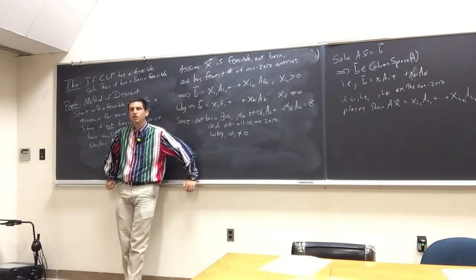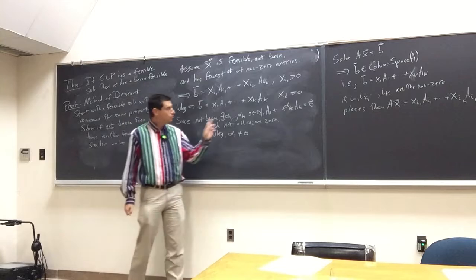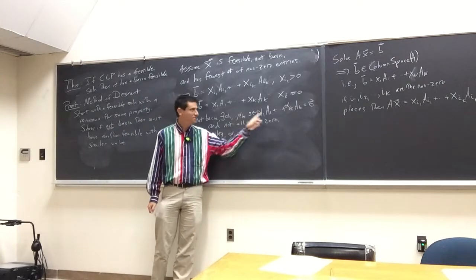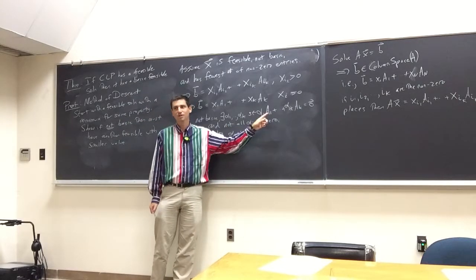Is it possible that alpha 1 is the only one that's not 0? So here's a question. Is it possible that alpha 1 is the only one that's not 0?